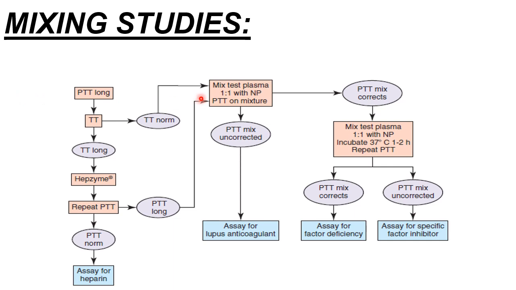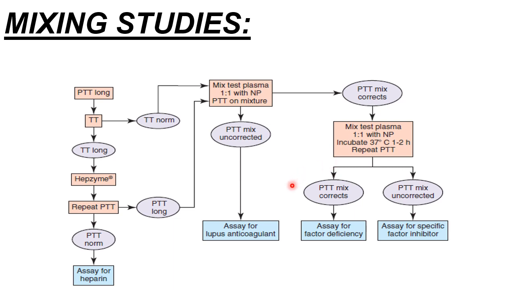Next, if in case nag-mix ka ng normal plasma, na-correct siya, okay, you proceed to next test. You mix a patient plasma and normal plasma and you will incubate it at 37 degrees Celsius for 1 to 2 hours. Repeat PTT ka.